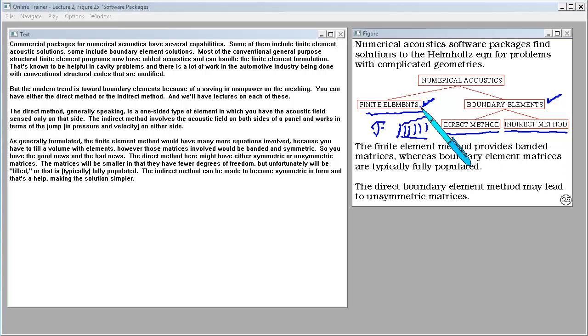However, those matrices involved would be banded and symmetric. So you have the good news and the bad news. The direct method here might have either symmetric or unsymmetric matrices. The matrices will be smaller in that they have fewer degrees of freedom, but unfortunately will be filled, or that is typically fully populated. The indirect method can be made to become symmetric in form, and that's a help making the solution simpler.